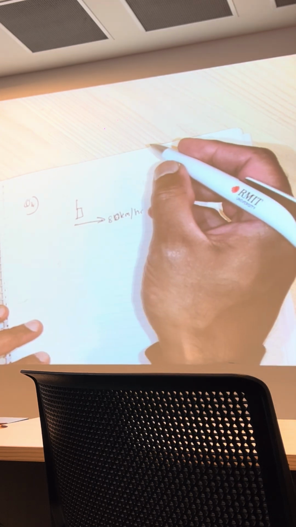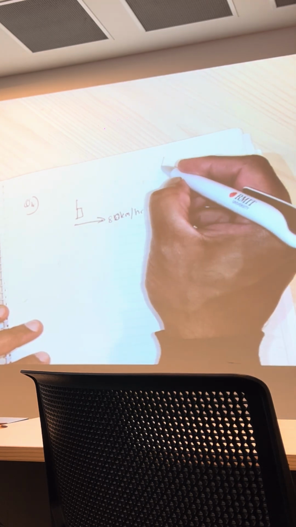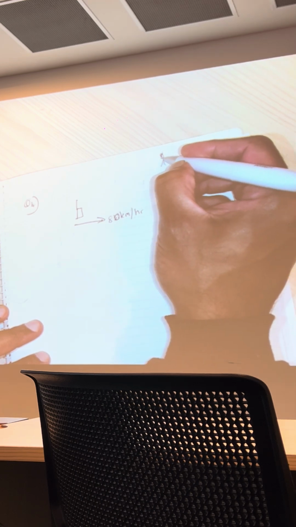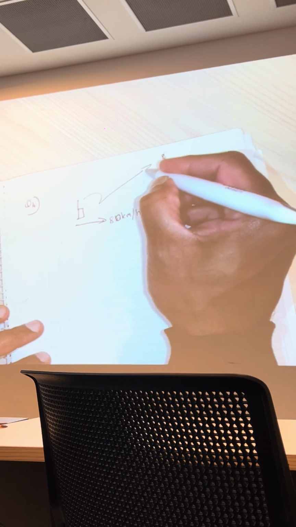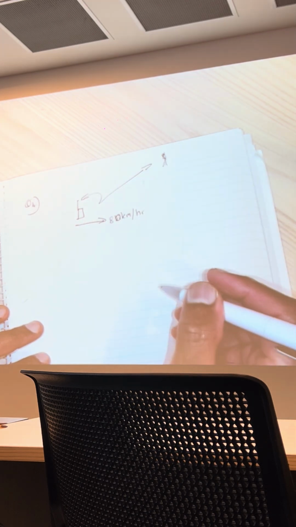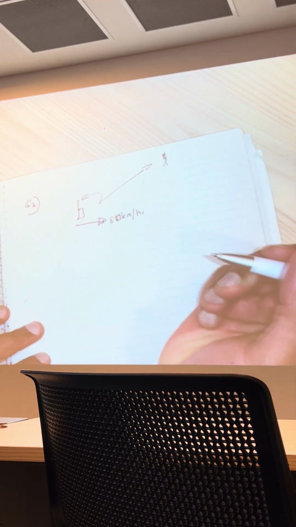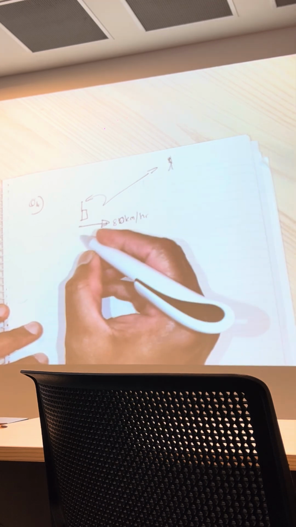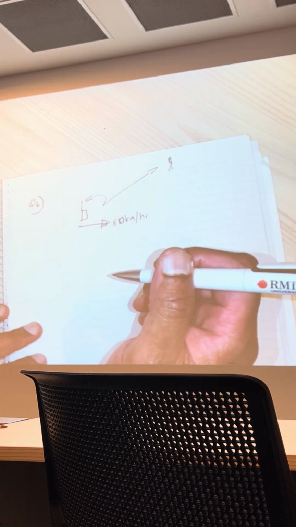So that's obviously with respect to a base station that it's connected to. And the direction of the motion is not given here, right? So we can just say it's traveling in this direction.